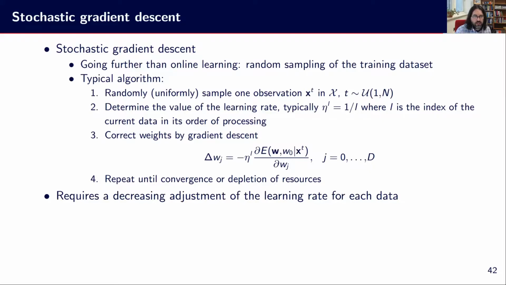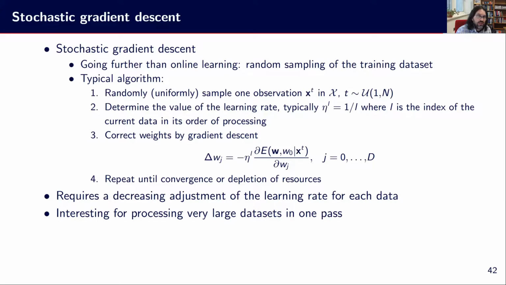So decreasing the learning rate is important for each data. This is a way to guarantee it will converge. And stochastic gradient descent is super interesting when we need to deal with really huge data sets. When we have millions, dozens of millions of samples, we may not even need to go over all the samples to train our model.